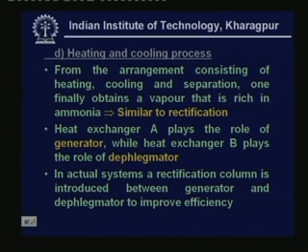So, we also use a rectification column, which is introduced in between the generator and dephlegmator. This is required to improve the process of rectification. So, an actual ammonia-water absorption refrigeration system will have the generator, a rectification column and a dephlegmator. And the principle is what I explained just now.